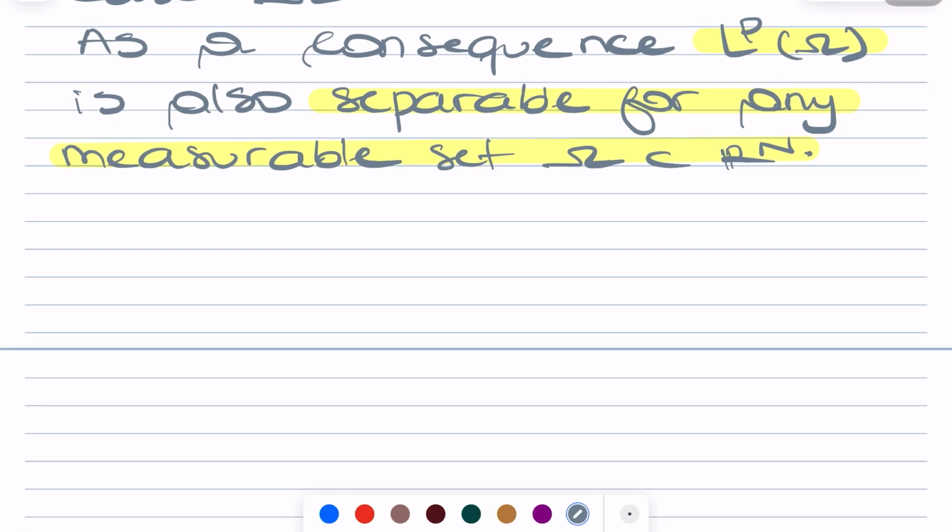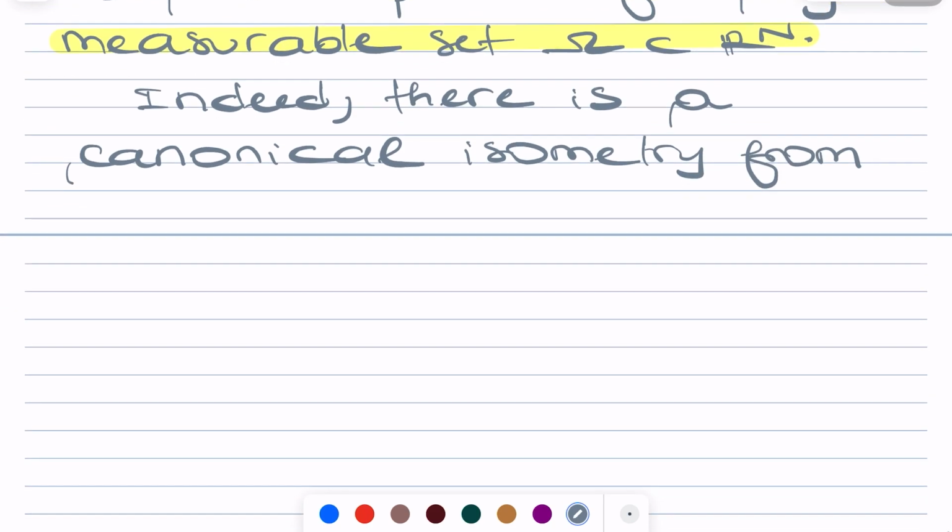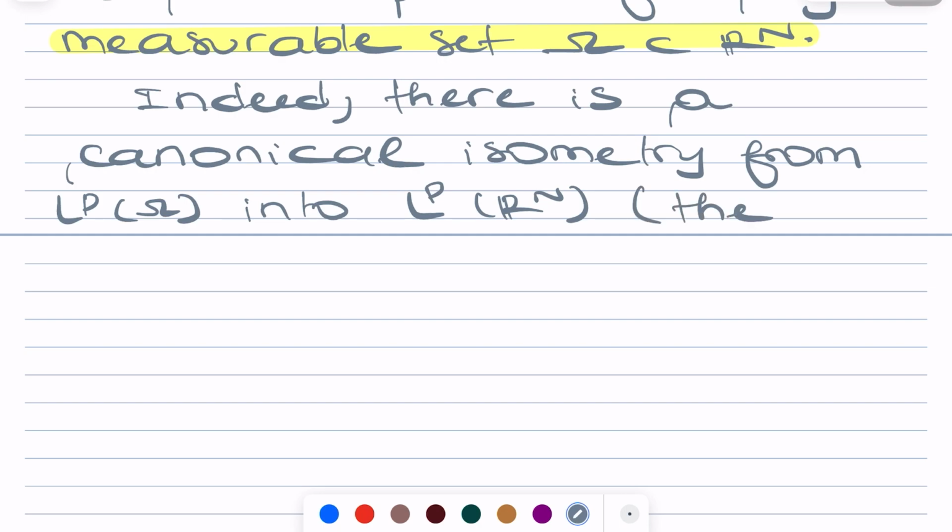Indeed, this is because there is a canonical isometry from L^p of Omega into L^p of R^n. I mean, we just need to consider the extension by 0 outside of Omega.